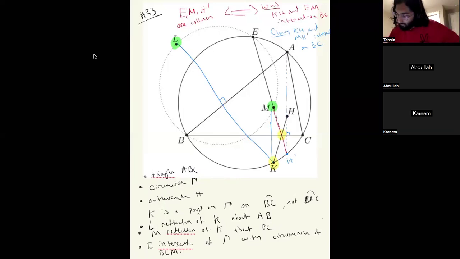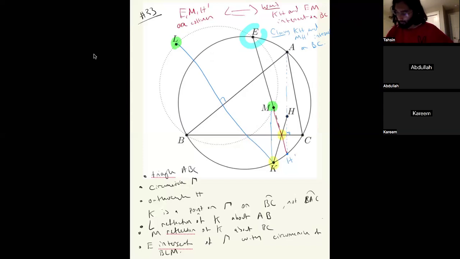And then what did we do? We came to this E. So what is this E? This E is something kind of strange, because you take BLM and intersect that circumcircle with gamma, the circumcircle of ABC. So E for me is kind of a strange thing.